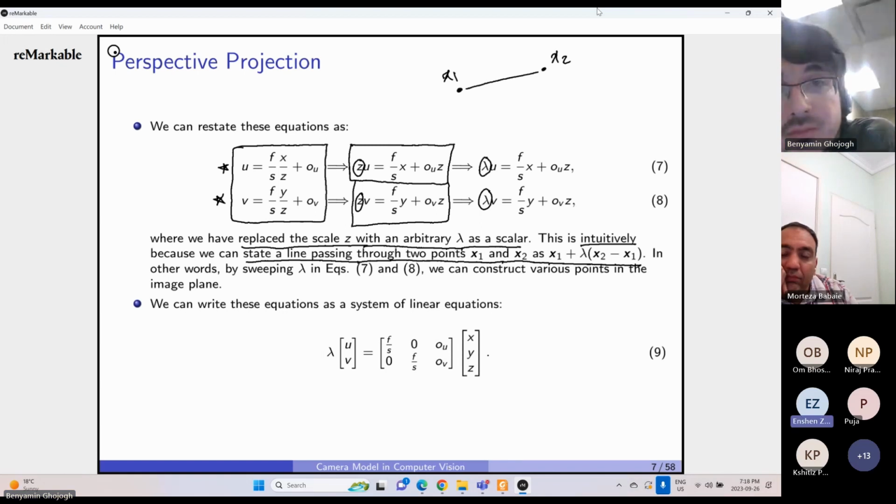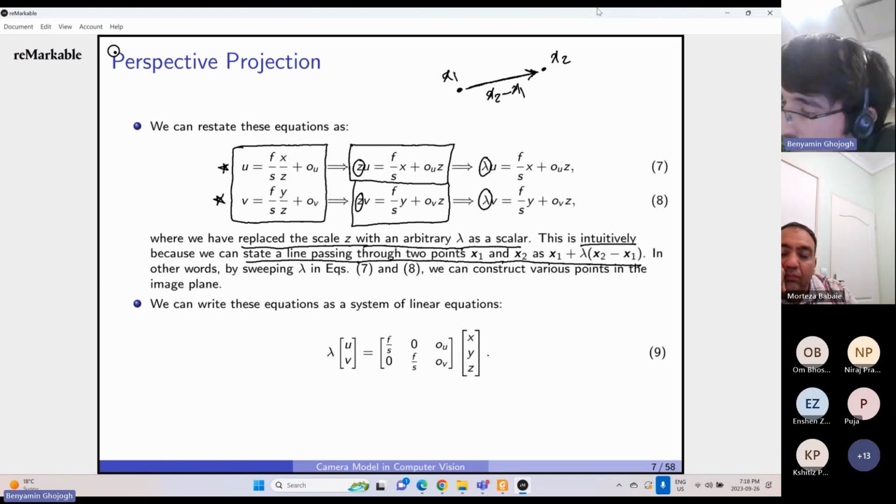Suppose x1, x2 are two vectors. Then x2 minus x1 is this vector, right? That's correct. x2 minus x1 is the vector connecting x1 to x2.